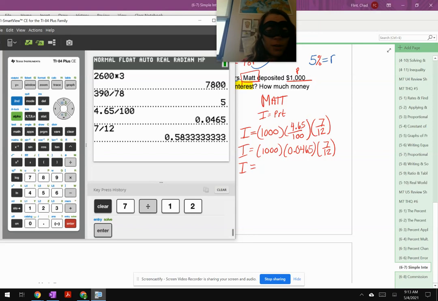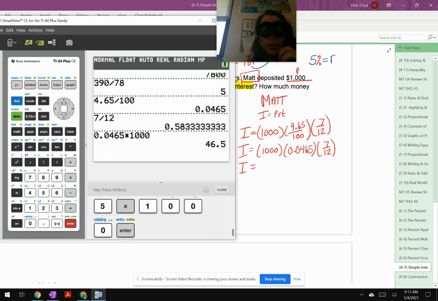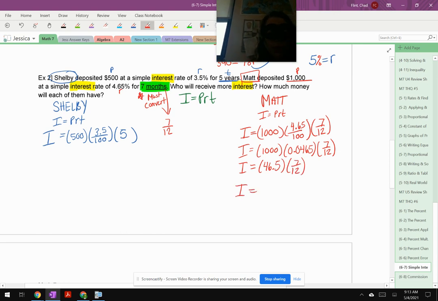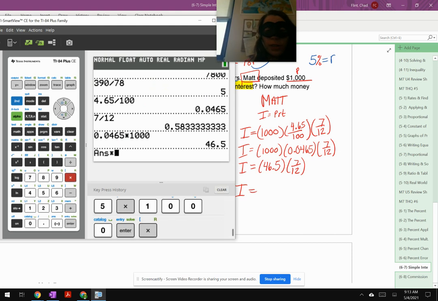So instead, I'm going to go back and use that 0.0465 number, and I'm going to multiply that by the 1,000 because that will be nice. And that turns into 46.5. Now that I'm down to the last step, I can do this all in the calculator and get a decimal finally. So 46.5 times, remember fractions should be put in parentheses there, 7 divided by 12.